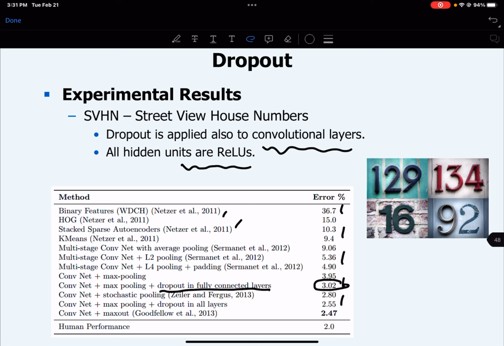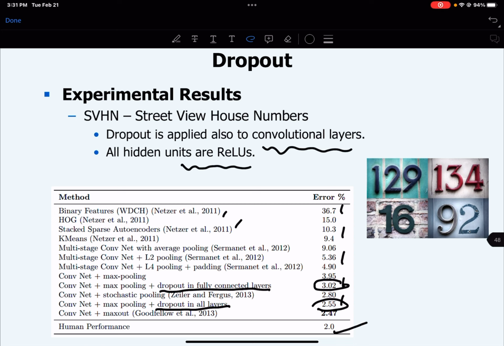So we have an error percent of 3.02, and then again dropout in all the layers, we have a 2.55 result, and this has the least one too.